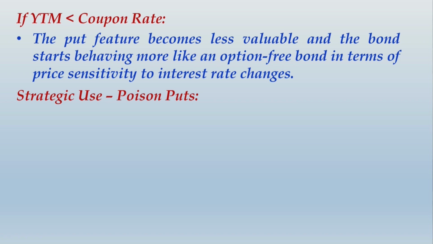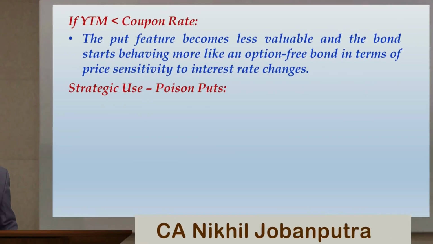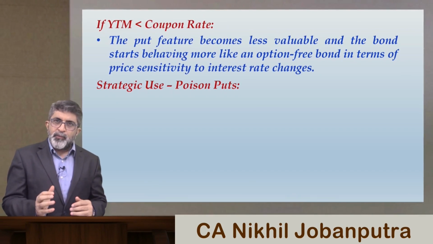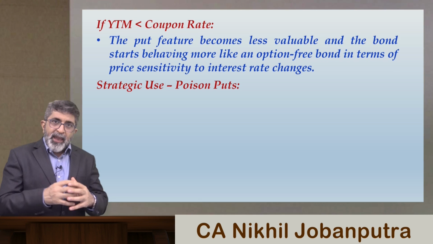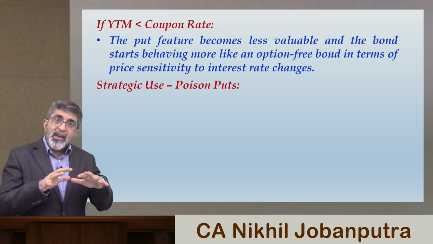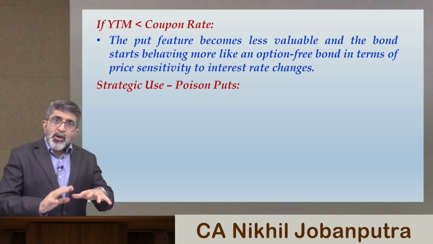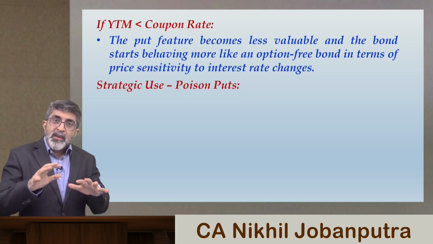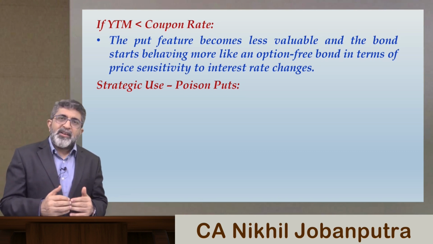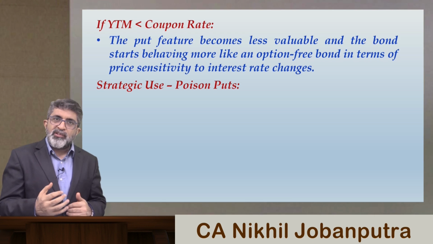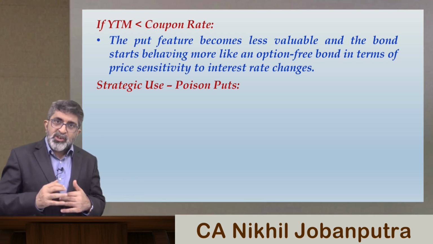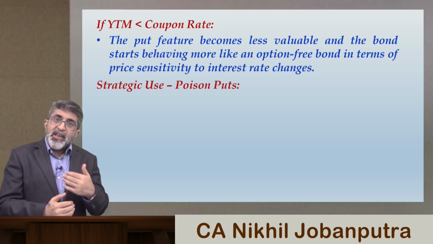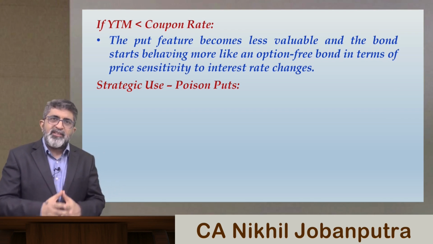Now what exactly are poison puts? Let me explain it to you. Imagine a bond embedded with a put option is purposely issued for hostile takeovers to be avoided. What happens when there is a certain takeover which is not beneficial, and under some kind of pressure, that takeover bid is to be executed?